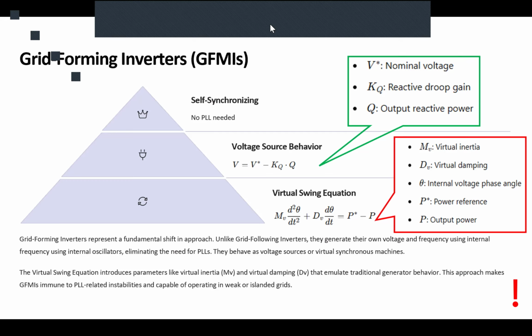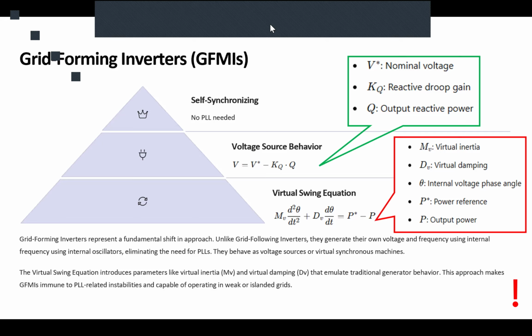The answer is no. Why is that? Because the grid forming inverter is not designed specifically to answer the demand. It's designed to mandate the voltage level and the frequency level. Meaning every part of the control system that in grid following was not showing an effect is now showing an effect in the transient analysis. There is no demand control, basically, in the grid forming.